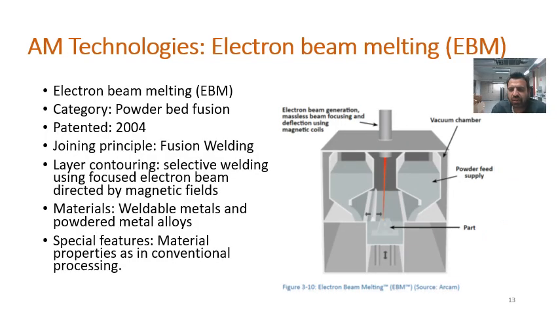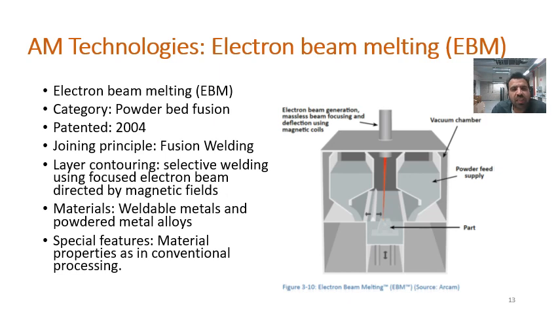Electron beam melting is also a very exciting technology to produce metallic components. After SLM, which we discussed on the previous slide, electron beam melting is the most widely applied technology.